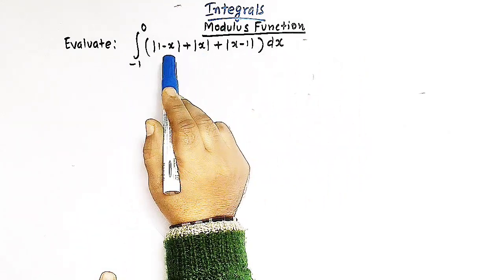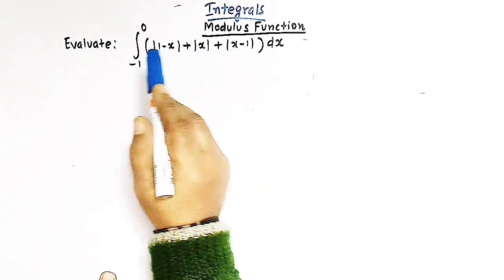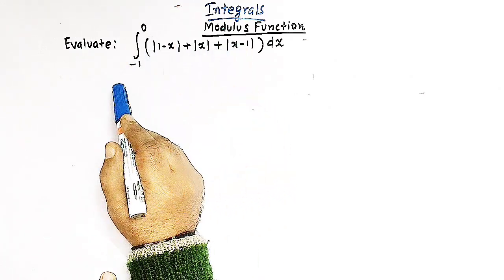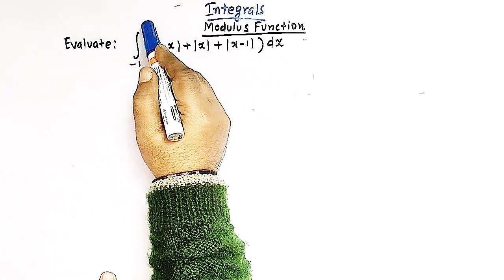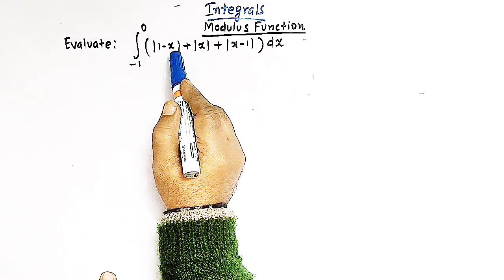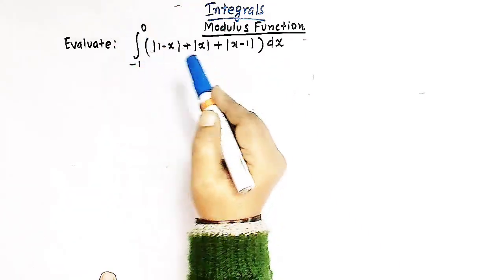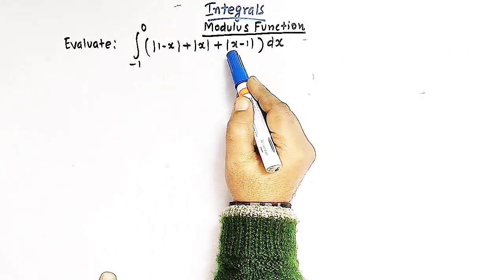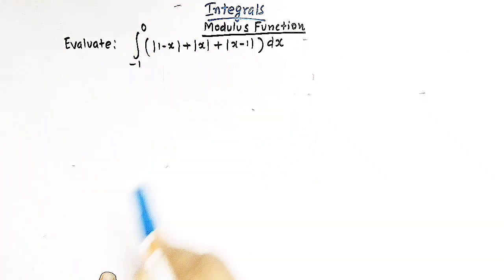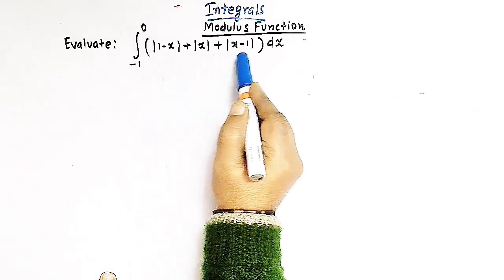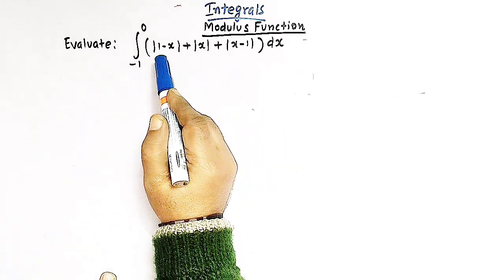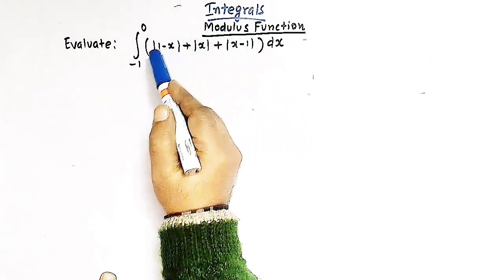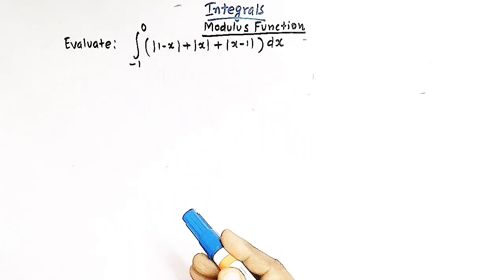Although we can also solve this integral by taking the sum of three integrals, right? That is from minus 1 to 0 mod of 1 minus x, then from minus 1 to 0 mod of x, and then minus 1 to 0 mod of x minus 1, right? But here with the help of the definition of mod function, we'll simplify this entire expression in one go.